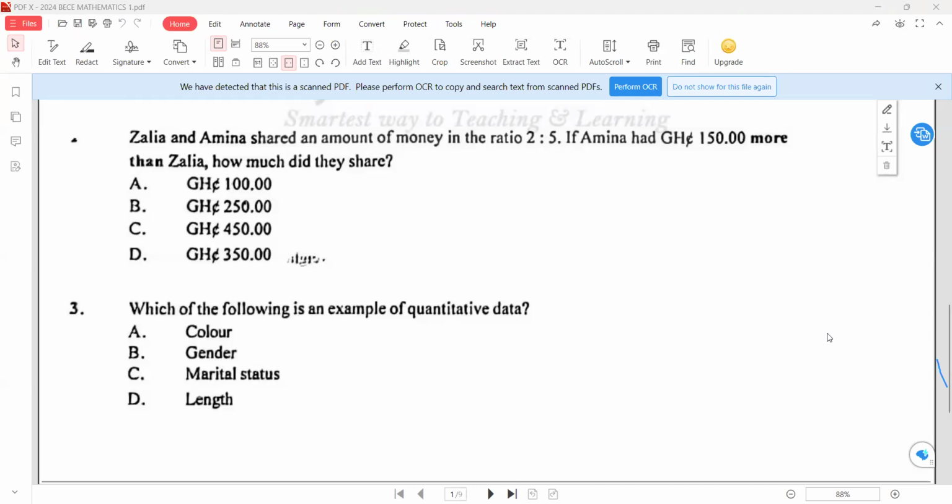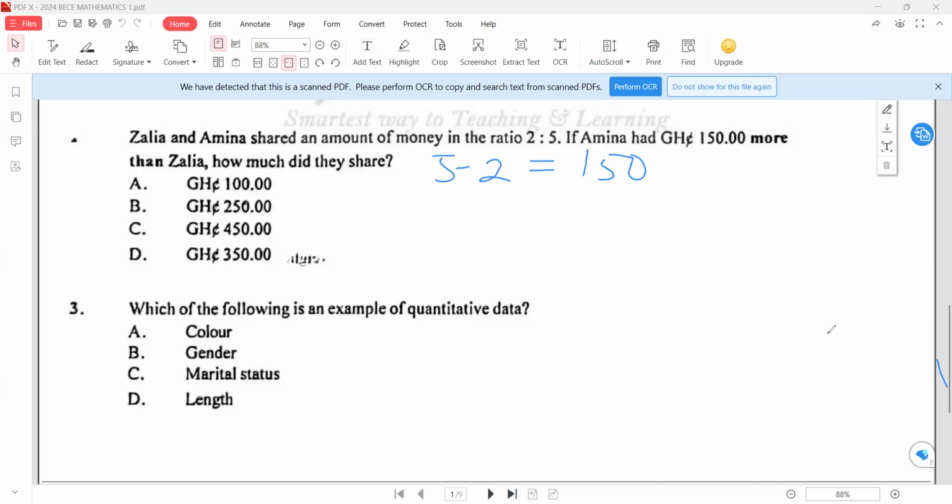If Amina had 150 cedis more than Zaria, how much did they share? So when it comes to ratio, we are going to compare. The only amount we have is how much more Amina had, and that should be equivalent to the difference in the ratio. So we can say 5 minus 2 should be 150 cedis.